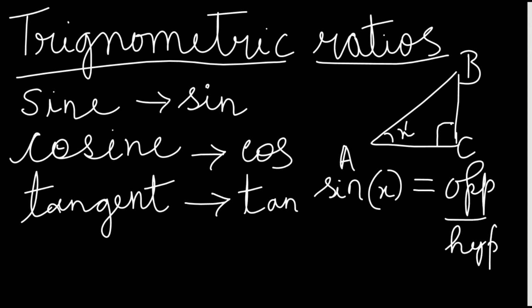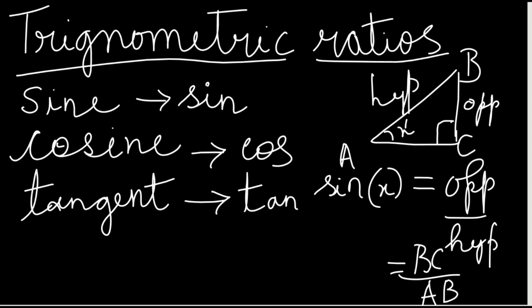Can you tell me which is the hypotenuse here? Yes, AB, because it is opposite to the right angle. Then which is the opposite side here? That is opposite to angle X, because we are writing sine with respect to angle X. So the opposite side is BC. So we can write this as BC by AB.